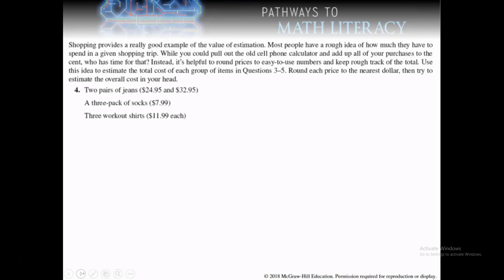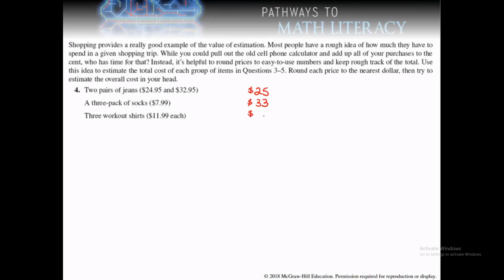In number 4, we have 2 pairs of jeans. One is $24.95, so we'll make that one about $25. And then the other one is $32.95, so we'll make that about $33. And then we have a 3-pack of socks that's $7.99, so we'll make that about $8.